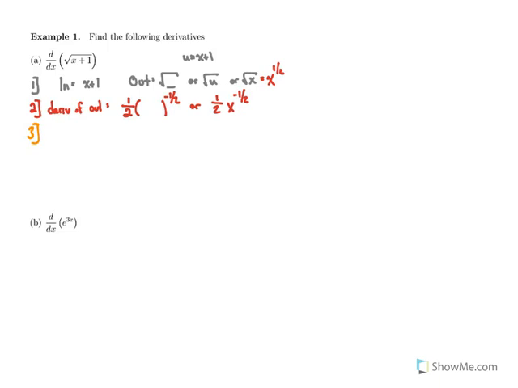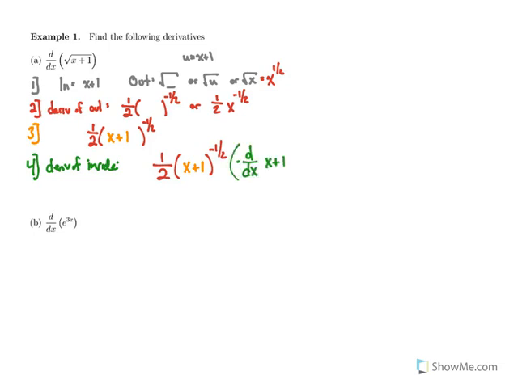Step 3 is I need to leave the inside function alone. So I'm going to write this as 1/2 x plus 1 to the negative 1/2. Then step 4, I need to find the derivative of the inside. So I'm going to write my almost final answer as 1/2 x plus 1 to the negative 1/2 times the derivative of x plus 1.